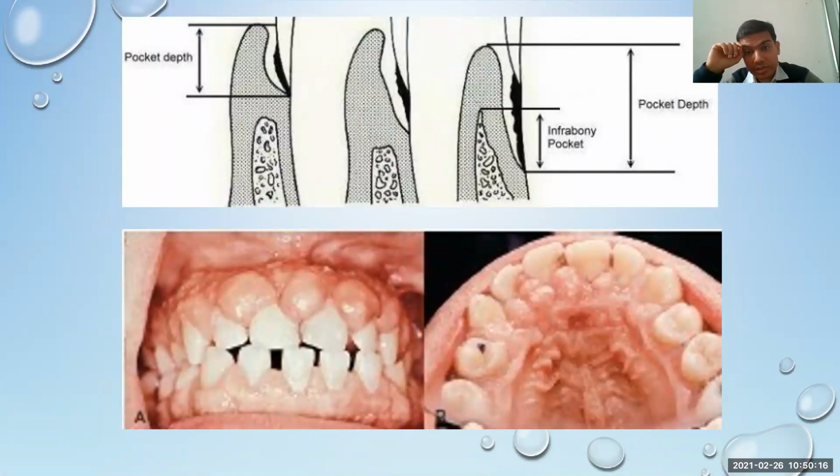As you can see in this photograph, in the top picture, it shows that when the pocket is suprabony, only then gingivectomy can be performed. In an infrabony pocket, as I said, your scalpel will strike on the bone itself, so that won't be possible.